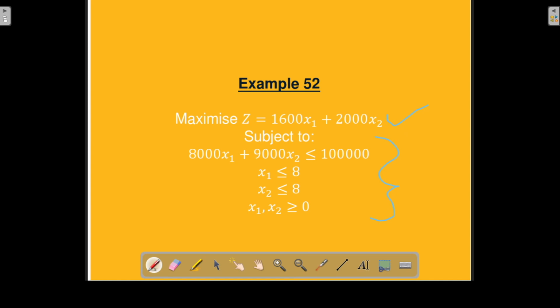So to find the maximum of this objective function, I will substitute my x1 with 3.5 and my x2 with 8. And that maximum is then equal to 21,600.